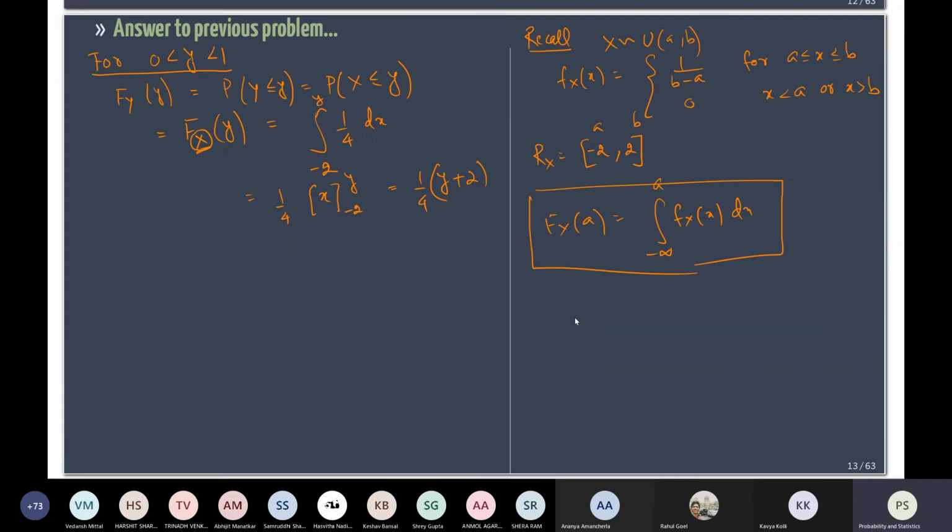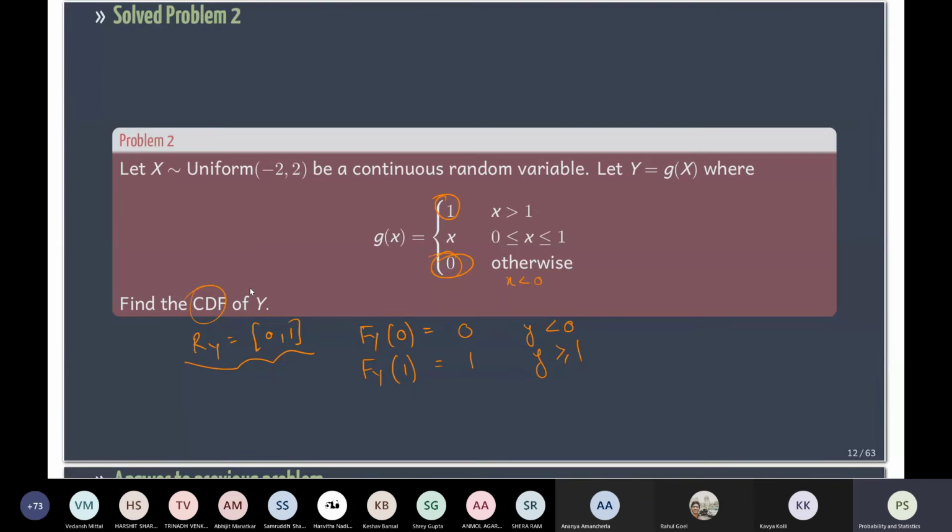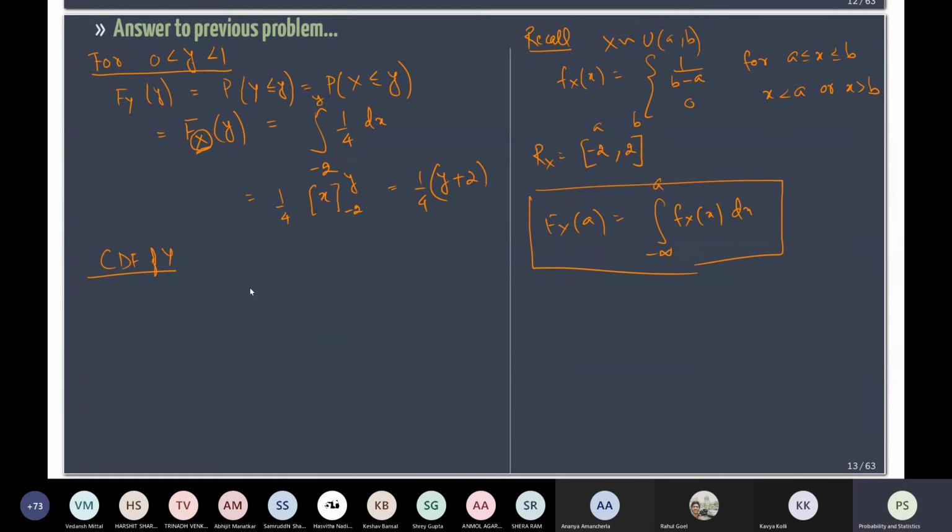The CDF of y is now summarized: for y less than -2, it's 0, and 1/4(y+2) for y in the range from -2 to 2, including the endpoint since it is not contributing.